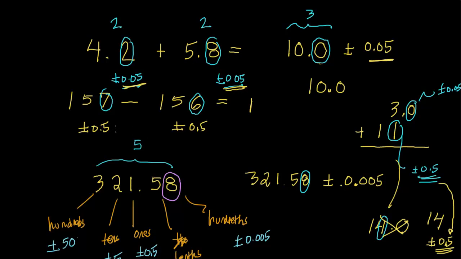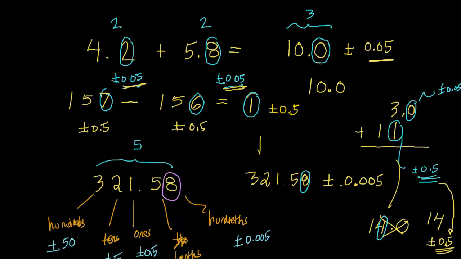So again, we have 0.5 and 0.5, so the result is going to be 1 plus or minus 0.5, and it's the ones place that is the least significant digit. So there are no more significant figures. The correct answer here is just simply 1.